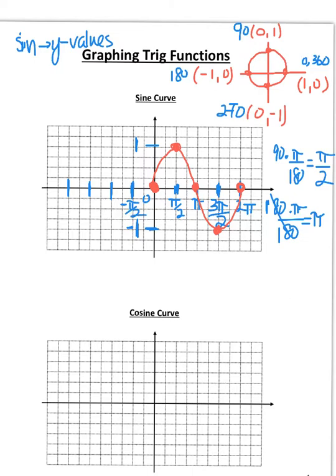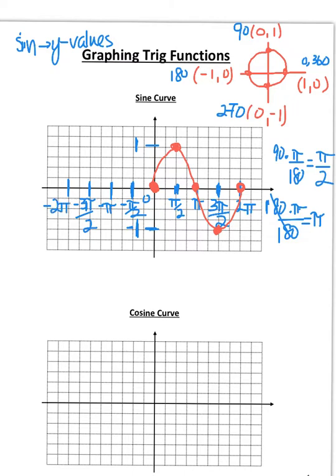If going 4 boxes from the origin is pi going to the right, then going to the left 4 boxes will be negative pi. Then you can imagine that this is going to be negative 3 pi over 2. And the last one is negative 2 pi.